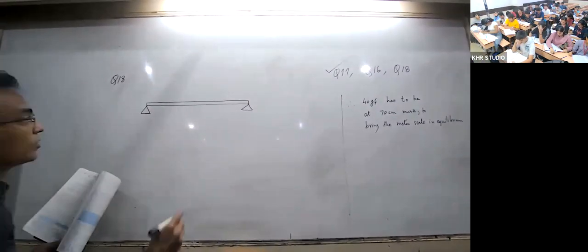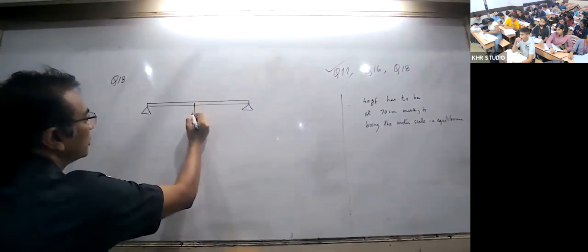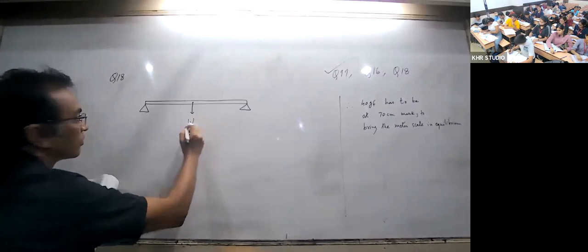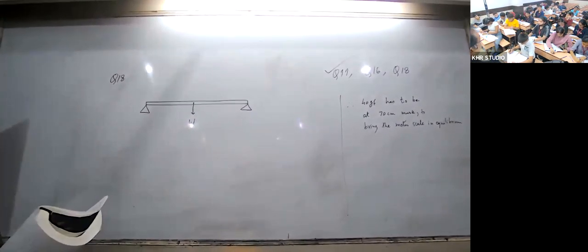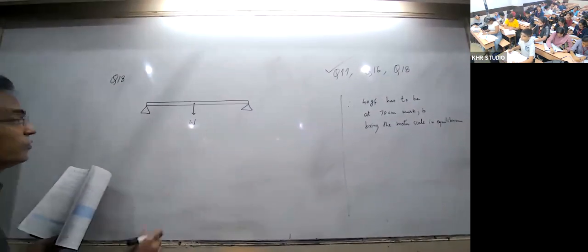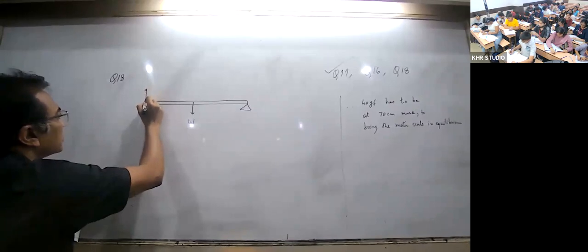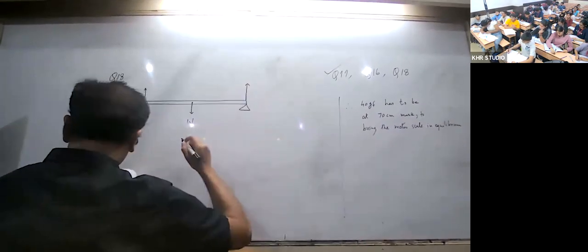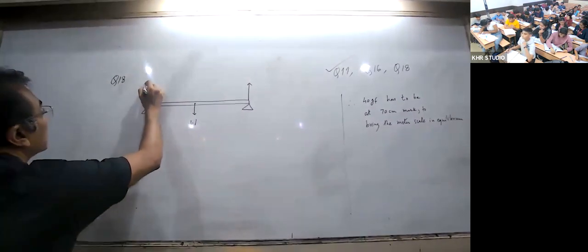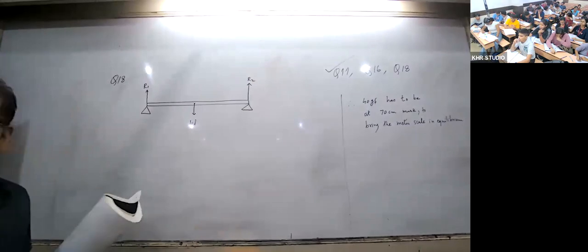So where is the weight acting? The weight is acting in the middle. Is any turning happening? No. So therefore there must be some reaction forces, R1 and R2, taking place over here.